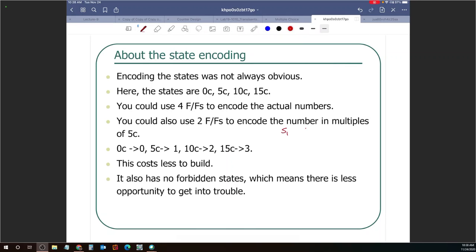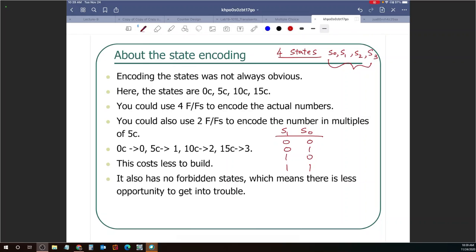Instead of having 4 states called S0, S1, S2, S3, we can encode them into just 2 bits, S1 and S0. And we can say they could be 00, 01, 10, and 11. This is one way you could do the state encoding.